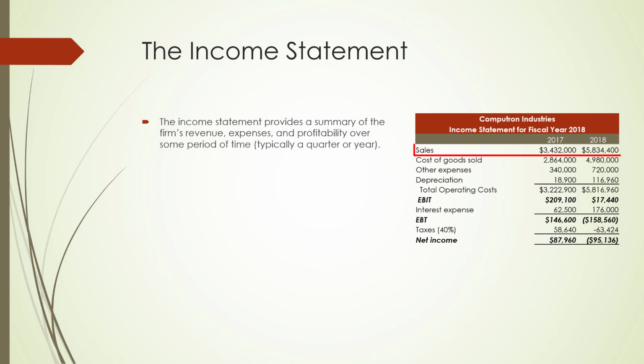And you can see, if you look at sales, that sales went from about 3.4 million up to about 5.8 million. So sales went up by quite a lot. Expenses went up by quite a lot as well. And if you look down at the bottom line, net income, you can see that net income was positive in 2017, but it's negative in 2018. So this is what management of the company is concerned about.